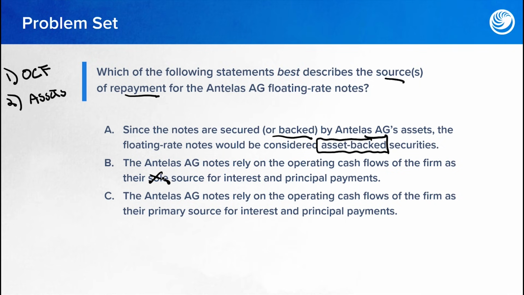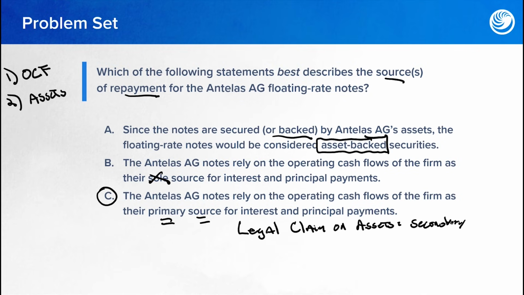But in the event there's not enough operating cash flow to service this debt as it becomes due, then they have a legal claim on the assets. That's the secondary source, okay? So the operating cash flows are the primary source, not the sole source. The legal claim on assets, and this ties again to the balance sheet, in the event of a default, that is the secondary source for repayment.